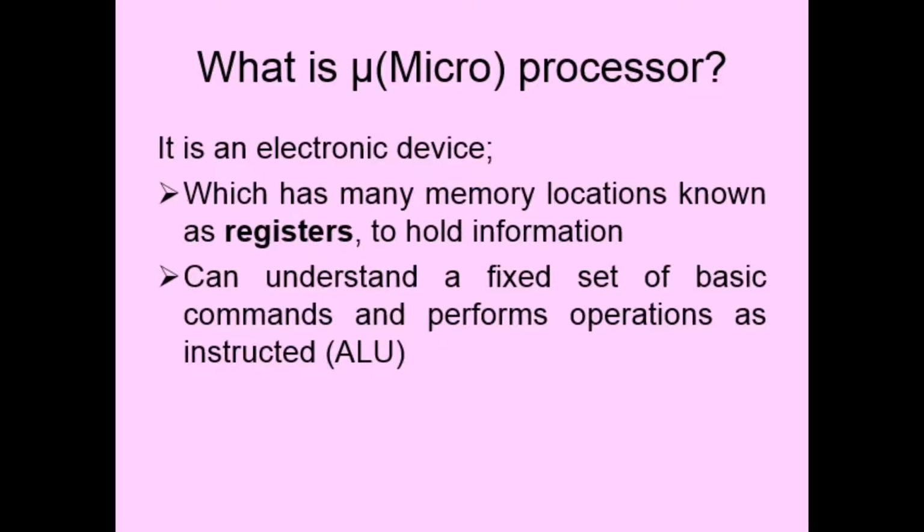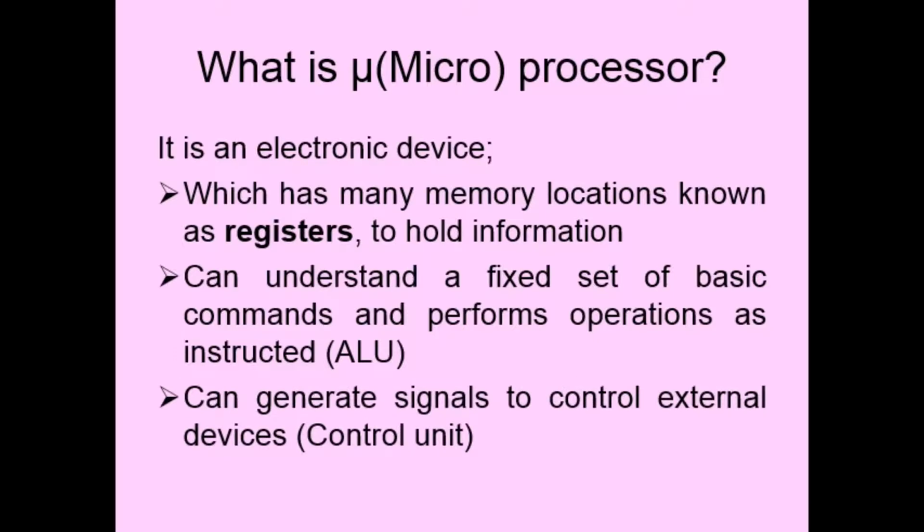This particular unit will do the arithmetical operations as well as the logical operations. Arithmetical operations like addition, subtraction, division. And logical operations, like you have already learned about the logic gates. So the logic gates like AND gate, OR gate, these operations are carried out in the ALU.